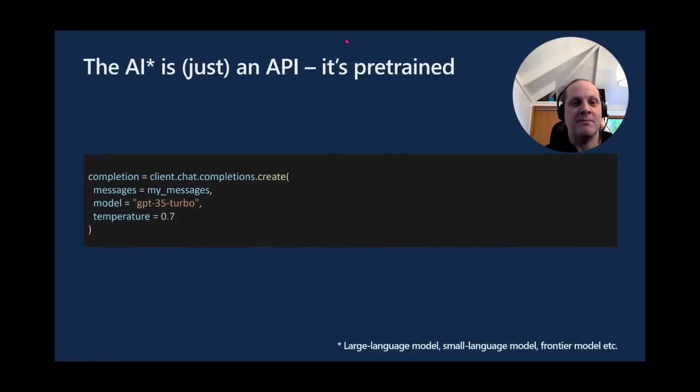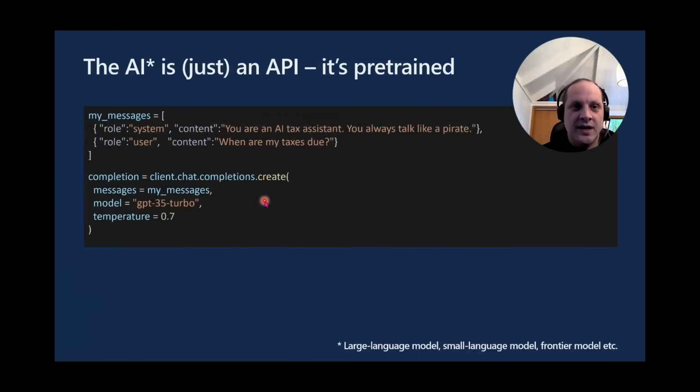We're passing the messages, we are specifying a model, which is GPT-3.5 Turbo, and we're specifying the temperature, and we're passing that to the completions create.